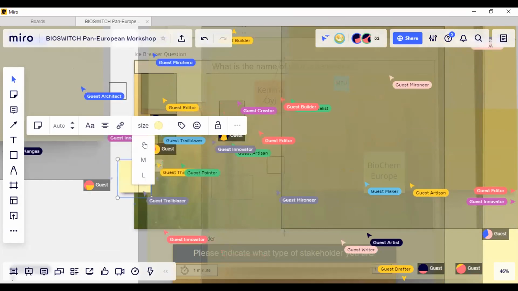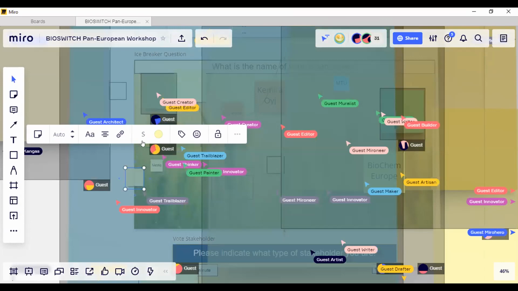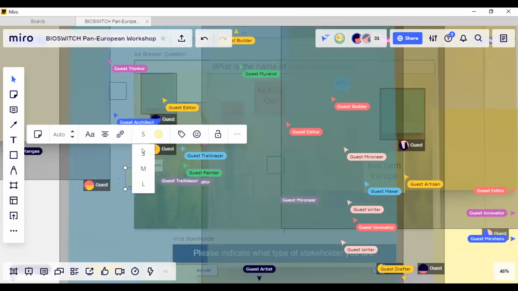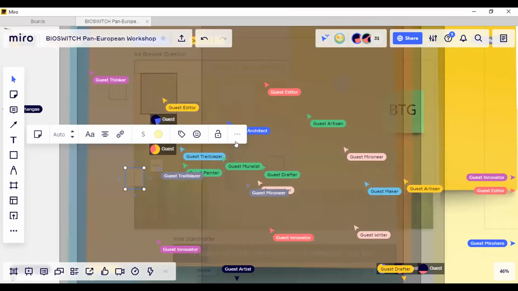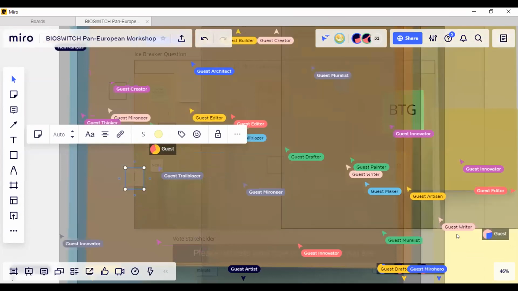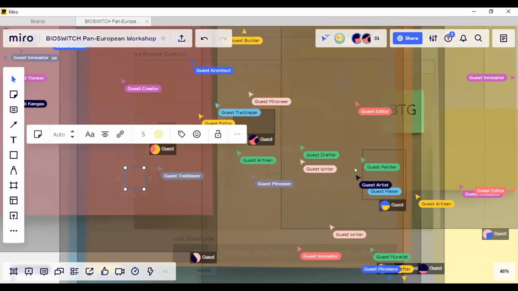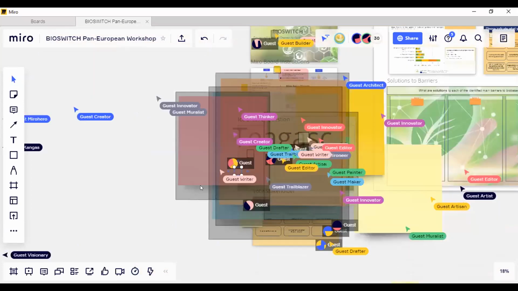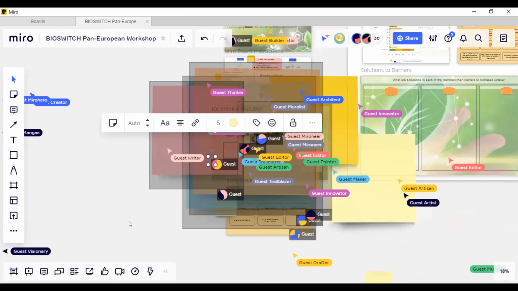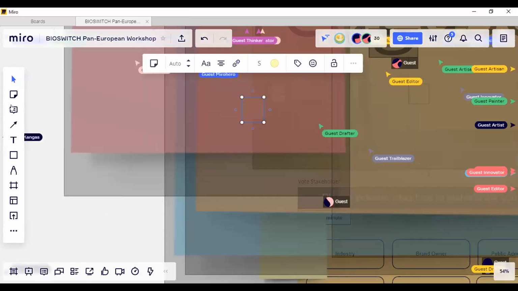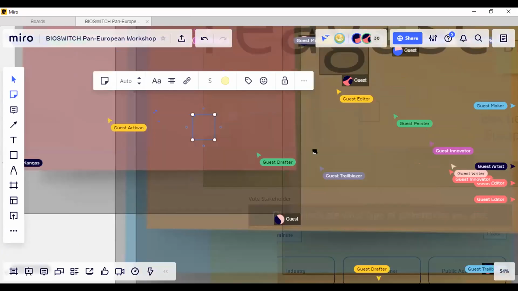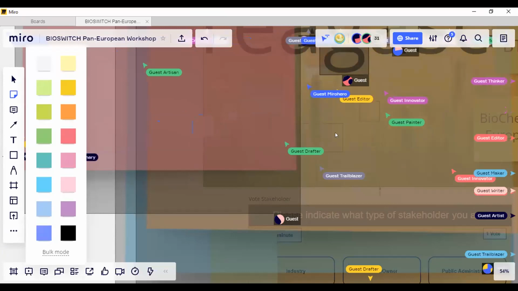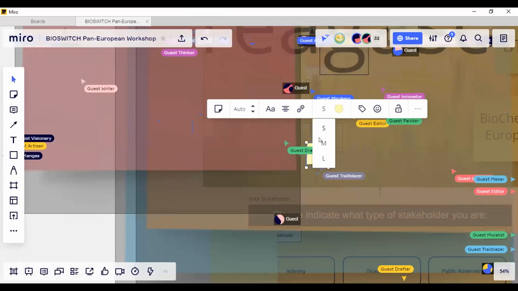So if you click on size and go to small, the post-it notes are very large. So if you click on the post-it note, mine is coming up quite small.